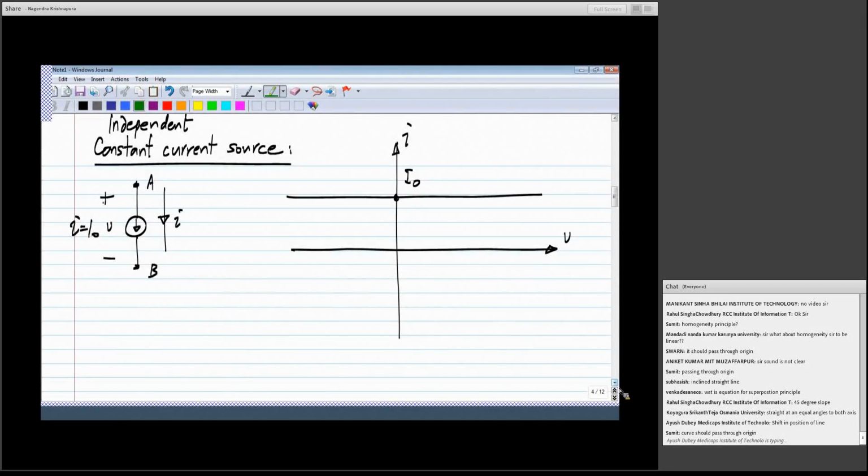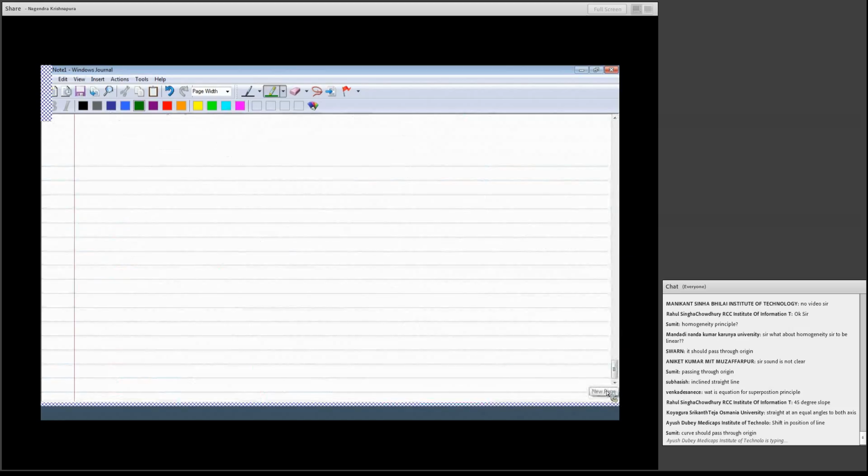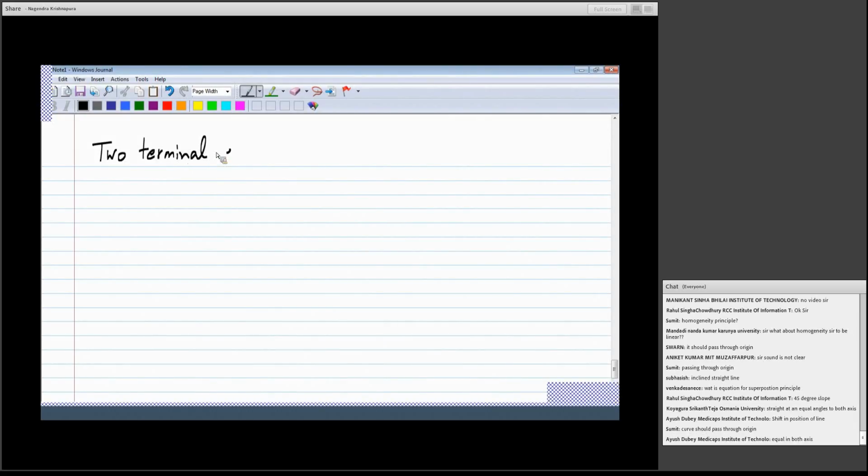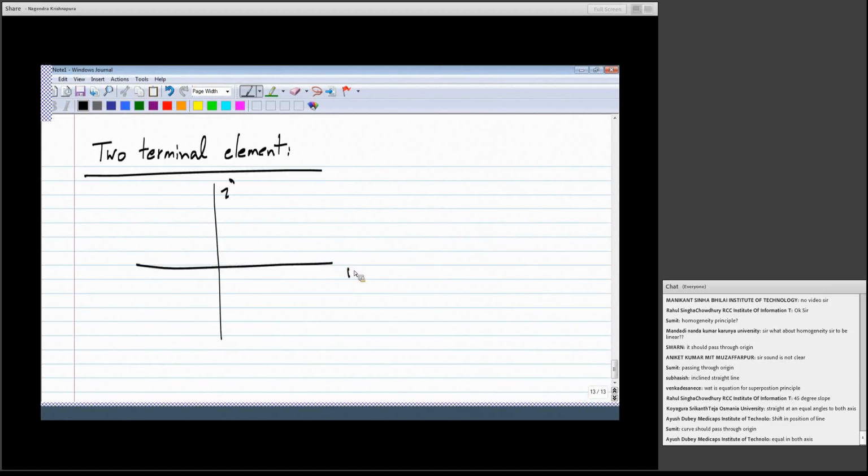Now I have a number of responses. Basically, if we have a two-terminal element, then if the IV characteristic passes through the origin, that is linear.